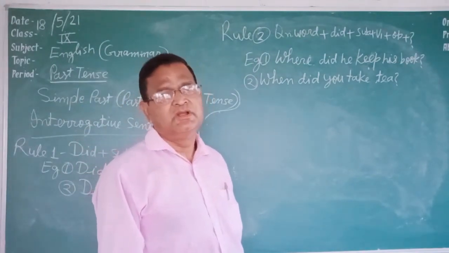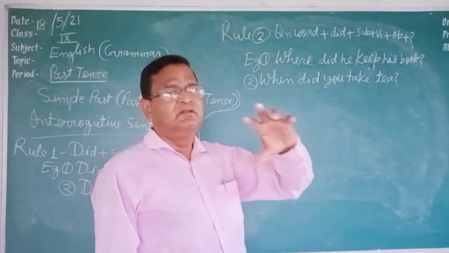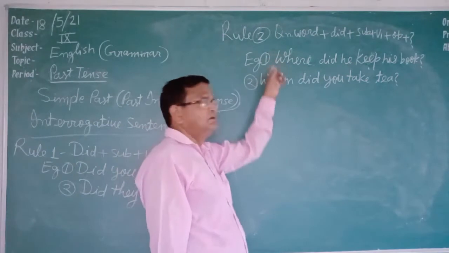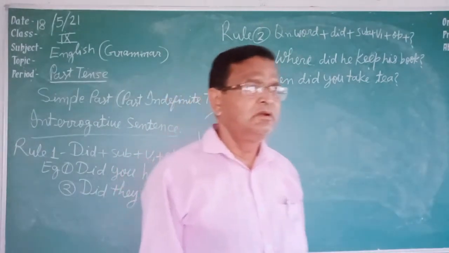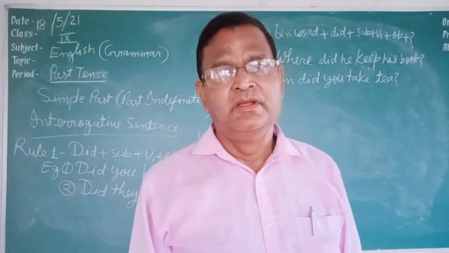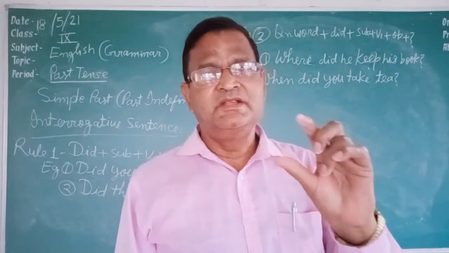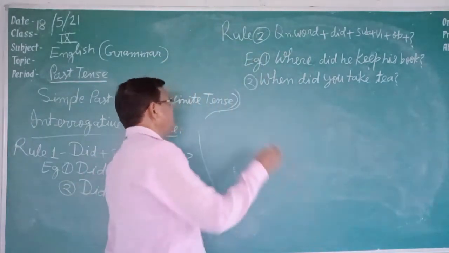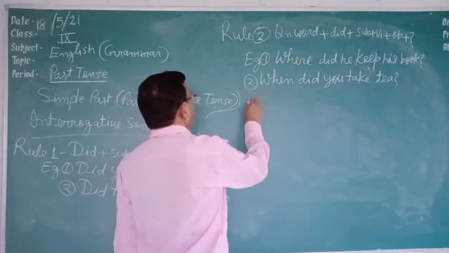In all kinds of interrogative sentences starting with question words like where, when, what, how many, how long, etc., this rule is followed. But if the sentence starts with who, then another rule is followed.